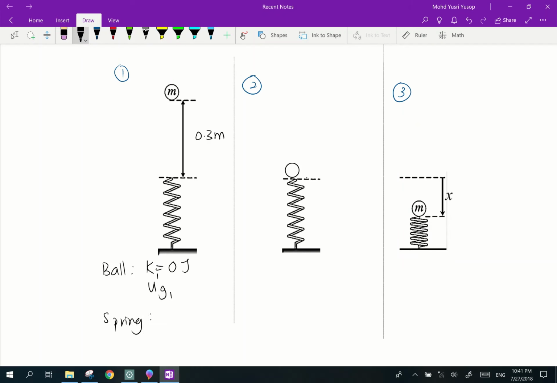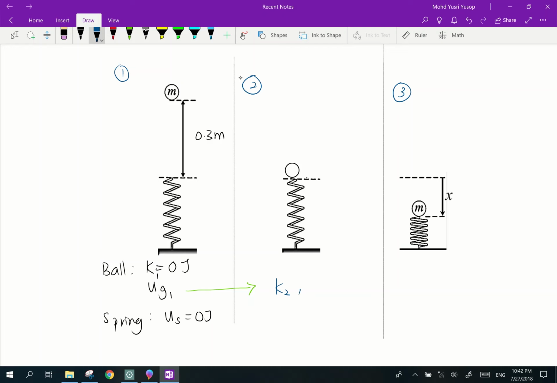The spring is at its original position, or is neither compressed nor stretched. So, the elastic potential energy is 0. Now, this gravitational potential energy is converted into, for the second part, kinetic energy.